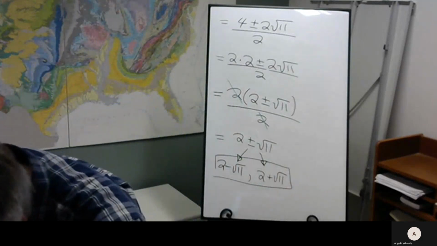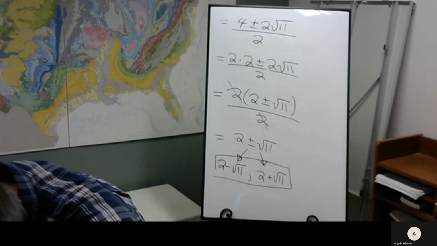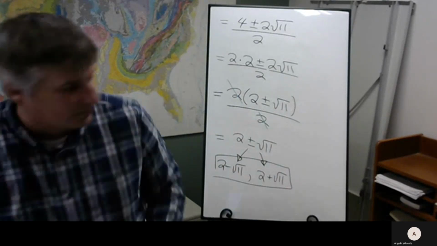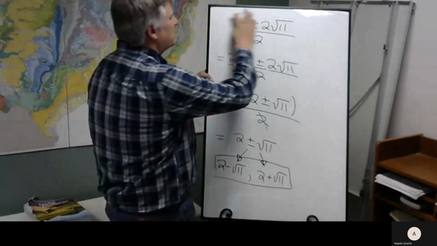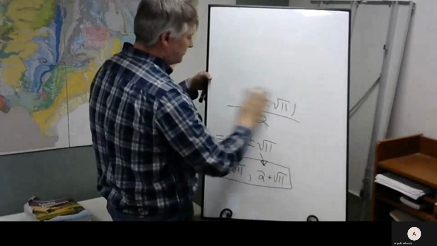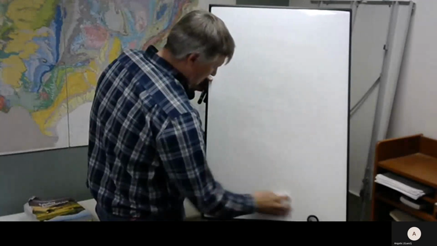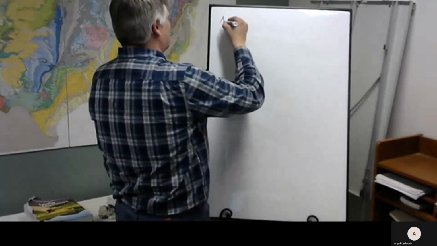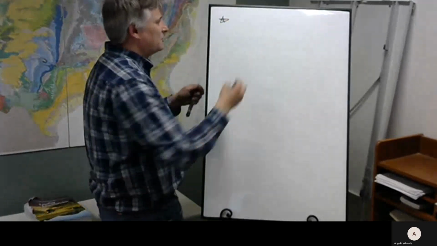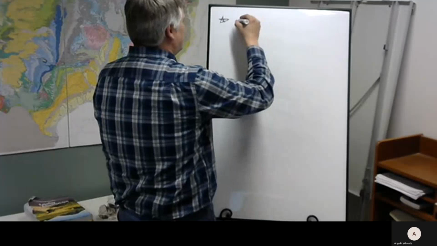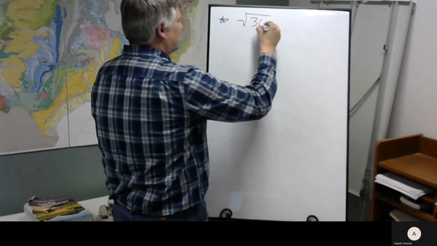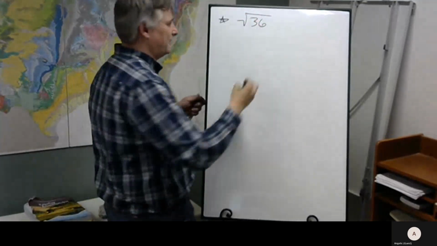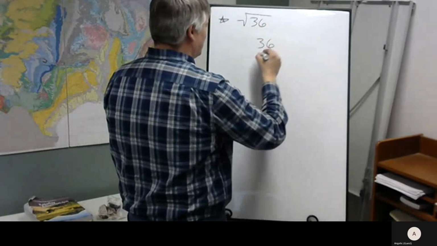So I just want to mention, just a little note on this. If you're doing your rule of pairs, let's say we're taking the square root of 36. Let's say we factor 36.